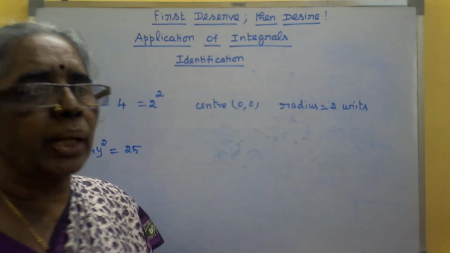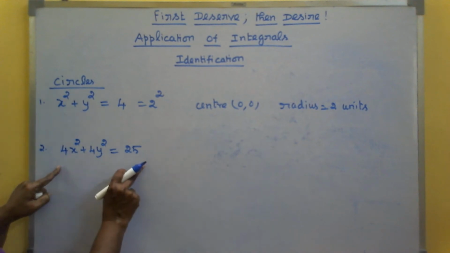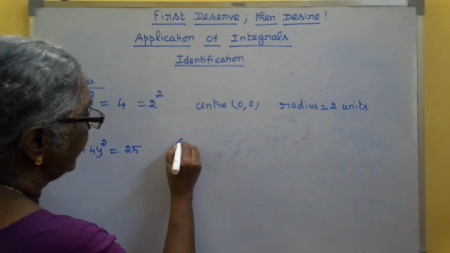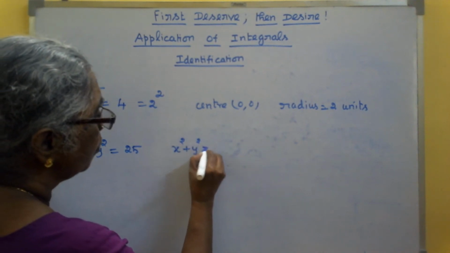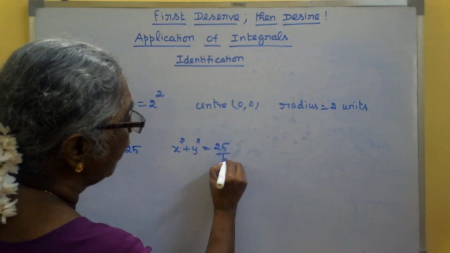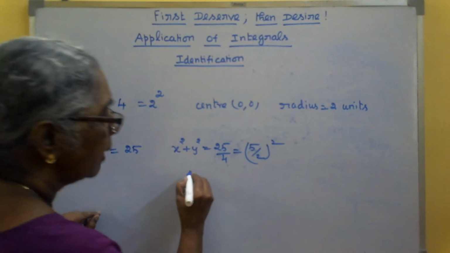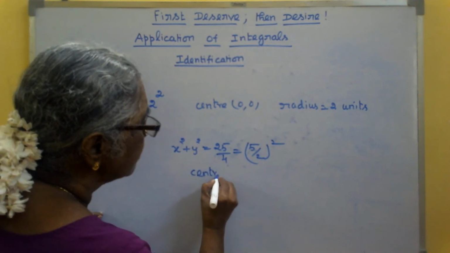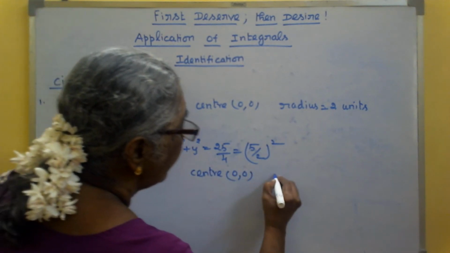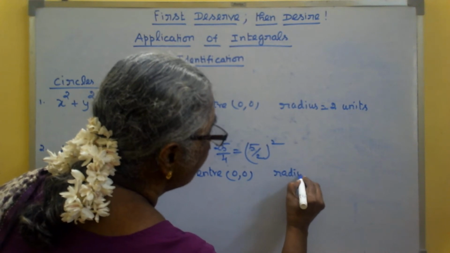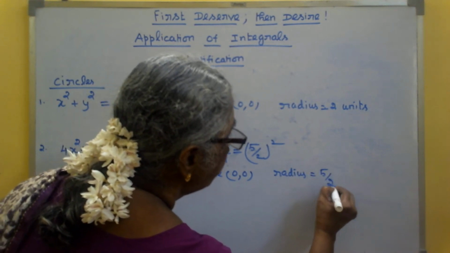So what will I do now? I will divide this equation throughout by 4. So I will get x² + y² = 25/4, which is (5/2)². Now I know the center is (0, 0). The radius will be 5/2 units.